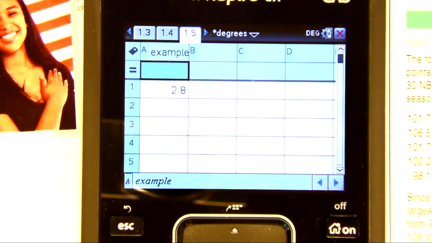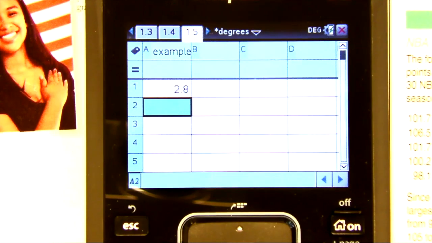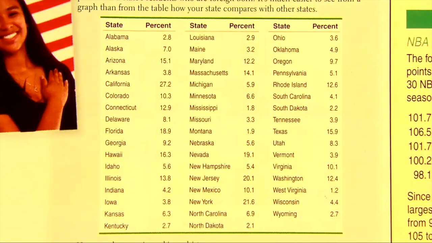That way I have a list name for this, so that when I go through and enter all my data here, I can use that variable name, example. I'll explain more about what that looks like when we get to class for those of you using an Inspire. The Inspire is a fantastic calculator, but I want to illustrate this on all the calculators if needed.